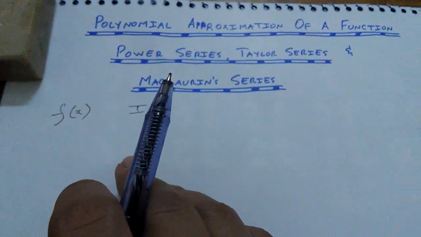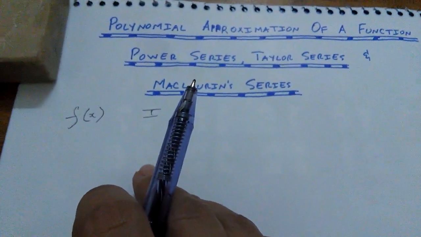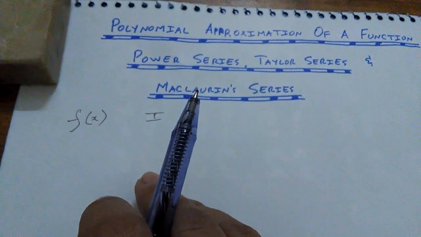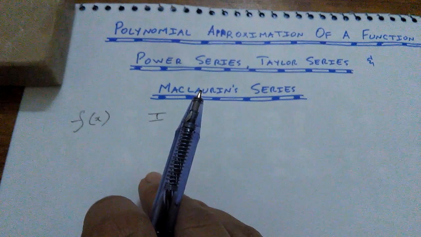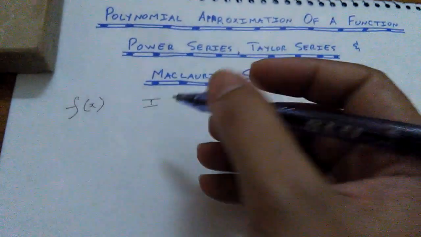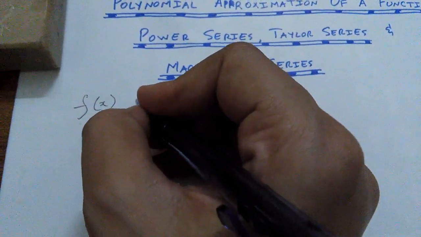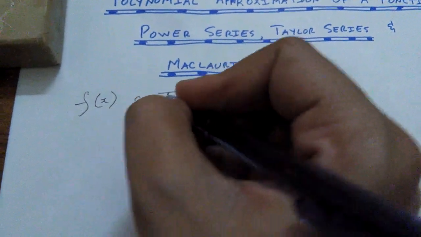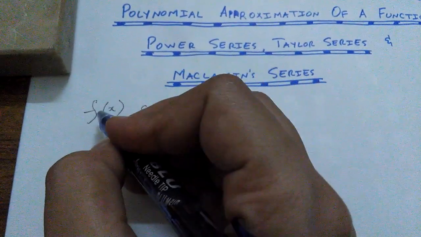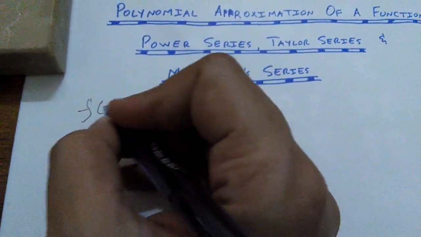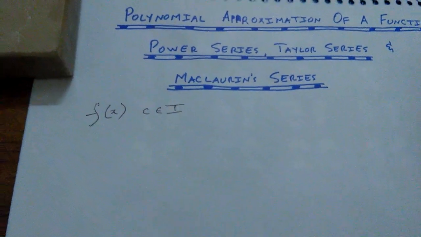Now our goal is to find a polynomial function that can approximate f at a number c in its domain. Let c belong to this interval I. If I evaluate f of c, I get some answer.